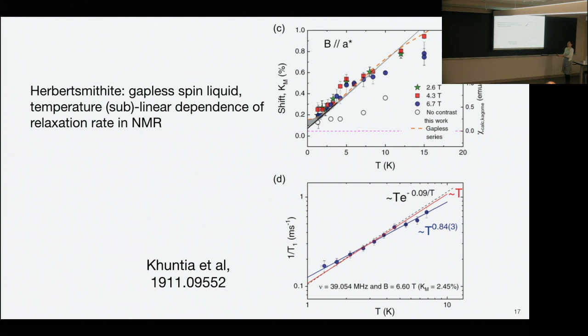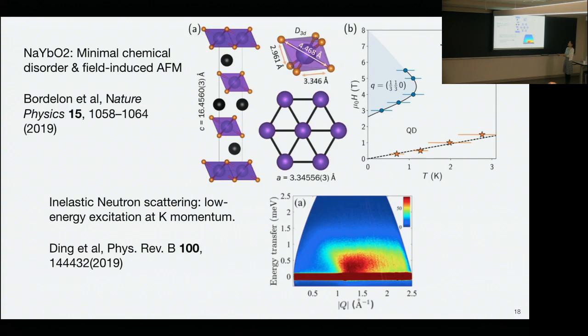So they claim that there is no spin gap in this kind of material, and it might be realizing this gapless Dirac spin liquid. And another material on the triangular lattice is the sodium ytterbium oxide.